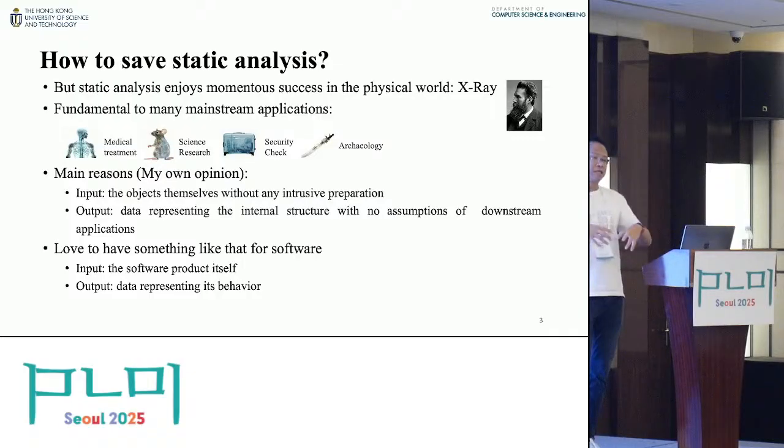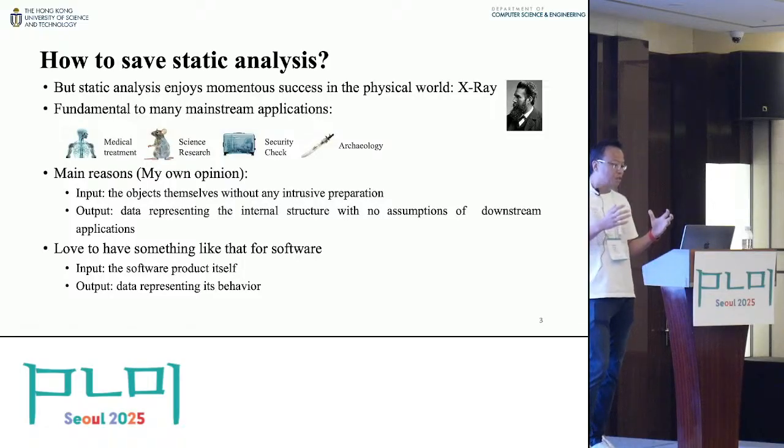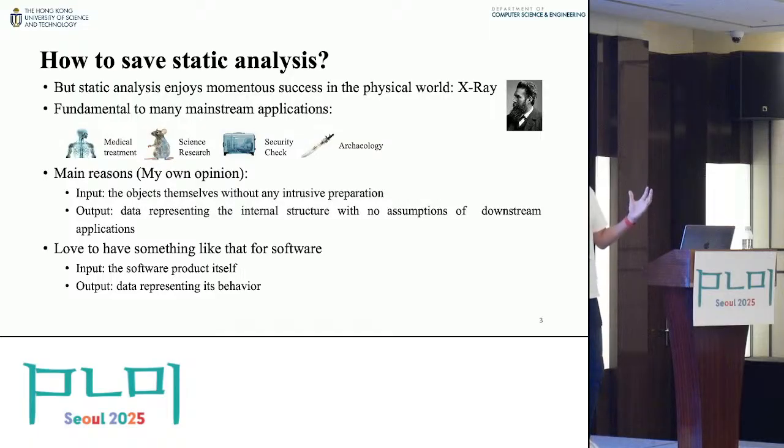And also the output of this technology is just data, an image. So it doesn't really make any assumption of what your intention is. Software, of course, nowadays is as important as any physical, real-world objects, but I would also love to have something like X-ray for software.